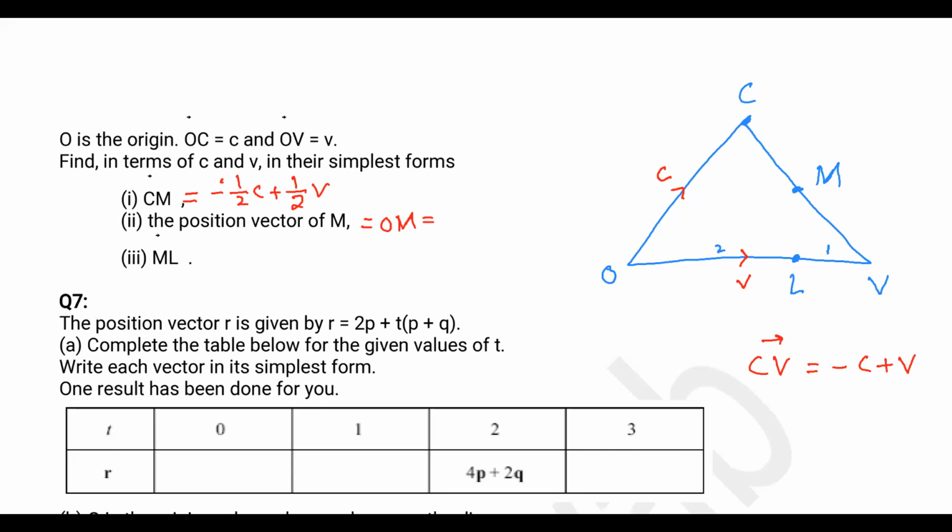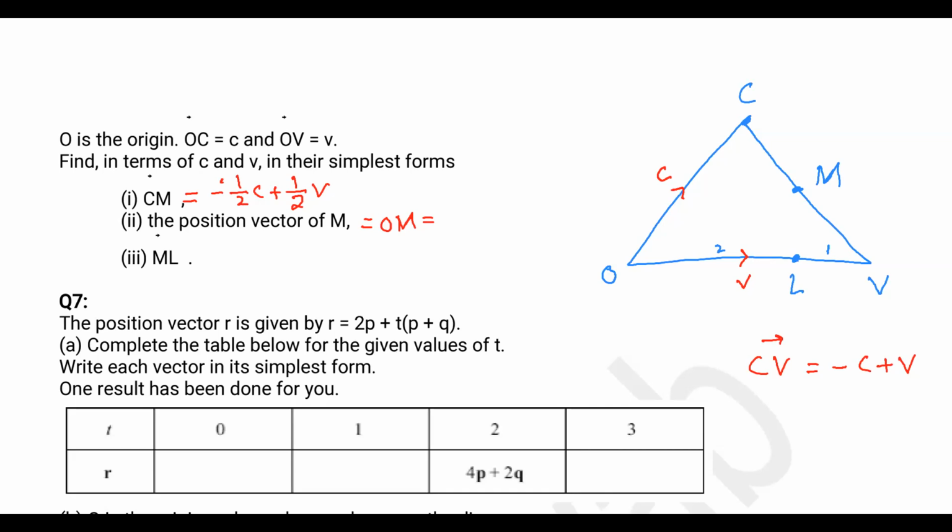But instead of using that path OV to VM, I will simply use OC to CM, क्योंकि ऑलरेडी CM कैलकुलेट किया, but that is not a wrong path जो पहले आपने बताया है, but you need to be careful about the direction then. So OM, I'm using the path OC, CM.